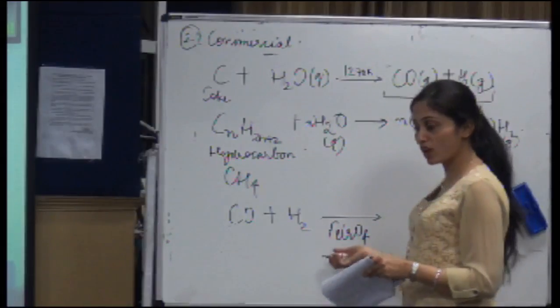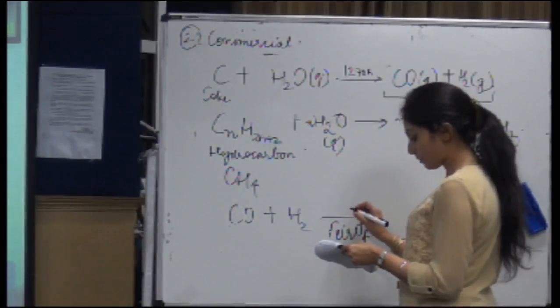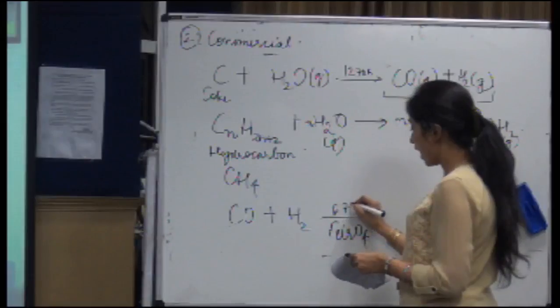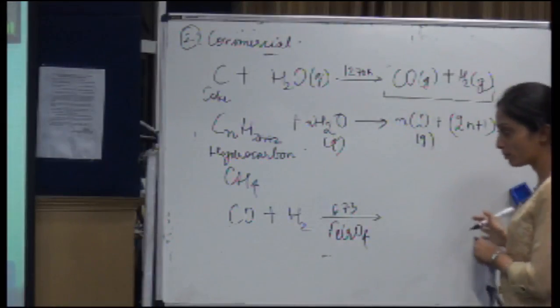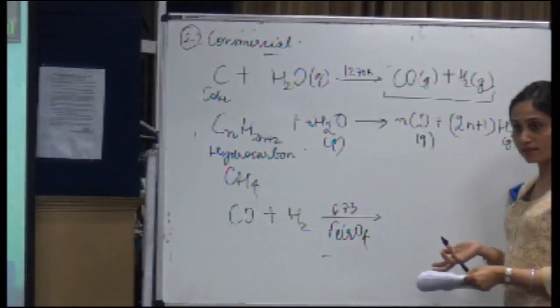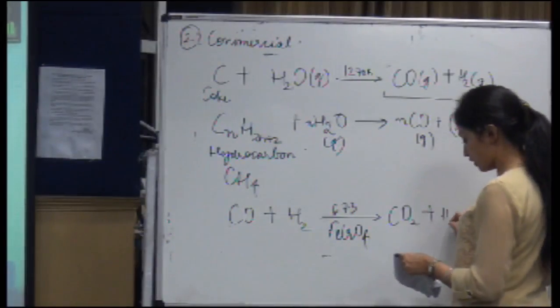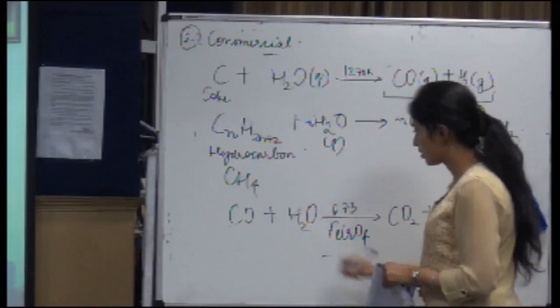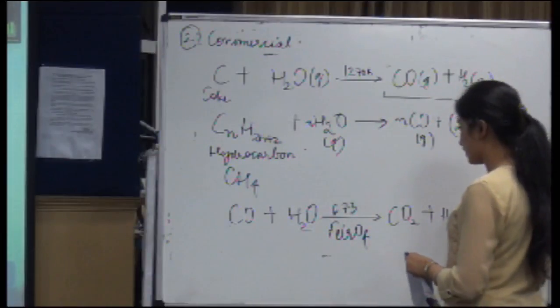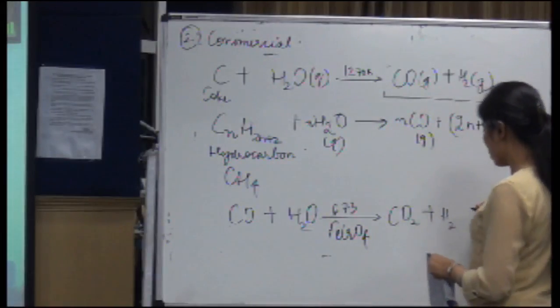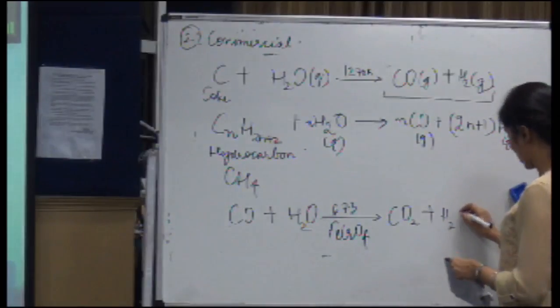When you put iron chromate in it, then you can separate it out. How? If you still get CO plus H2, that will not suffice, so you need some kind of oxidation coming in. So you make it CO2 plus H2, and H2 is just generated as a gas.